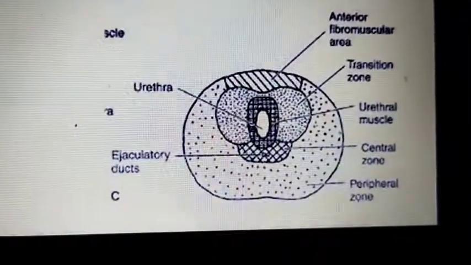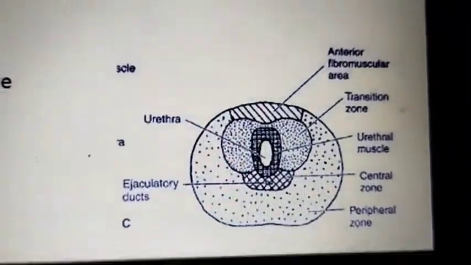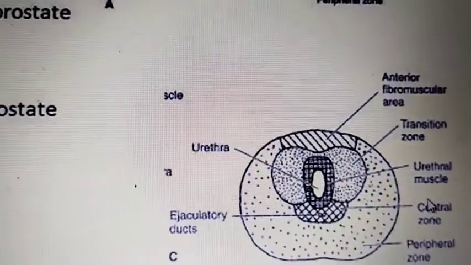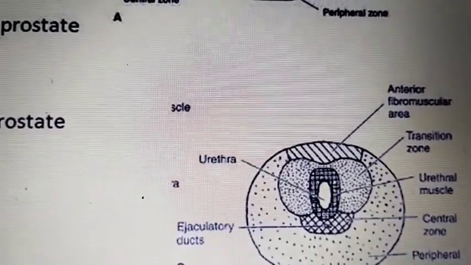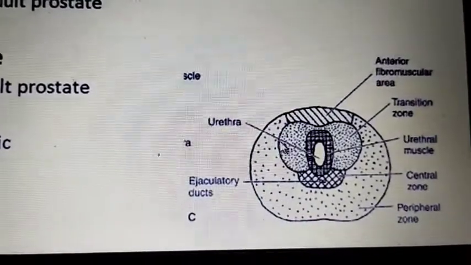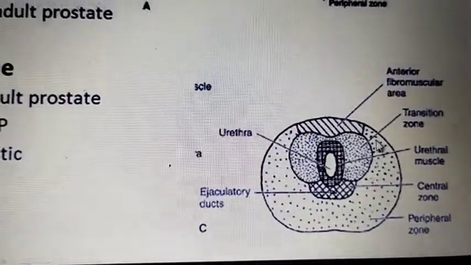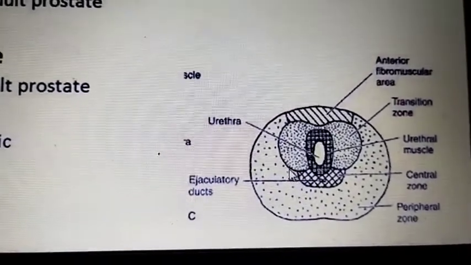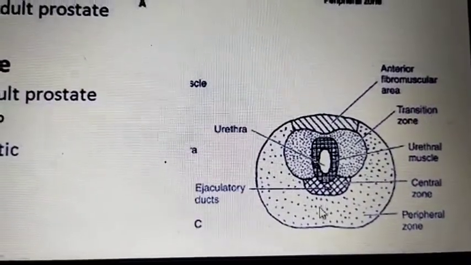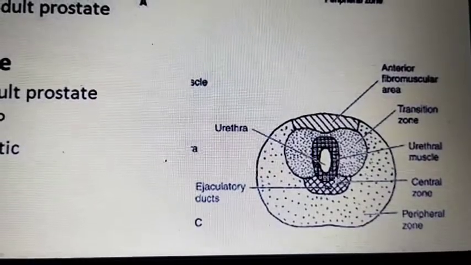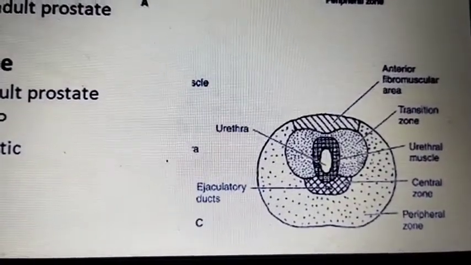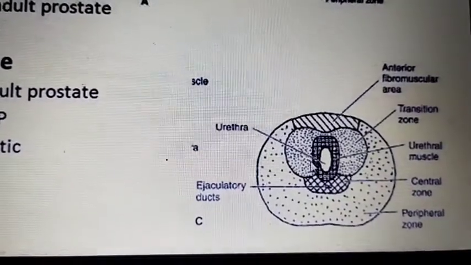You can see in this picture the transitional zonal anatomy. We can easily understand how the zonal anatomy is arranged. This dotted structure is the peripheral zone. The urethra is mainly covered by the transitional zone.